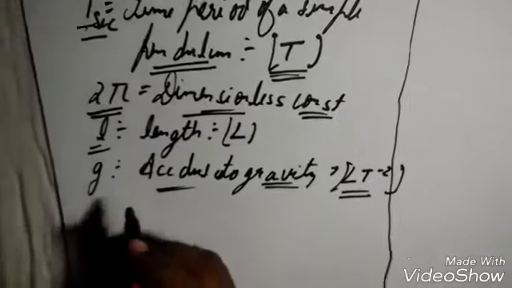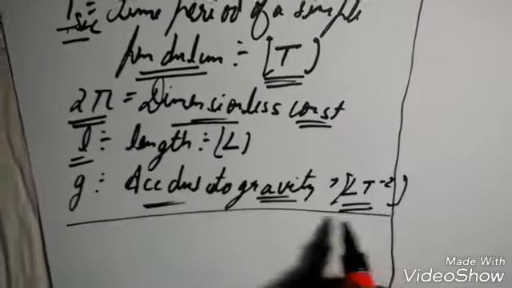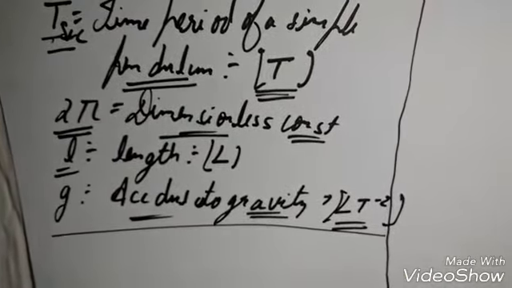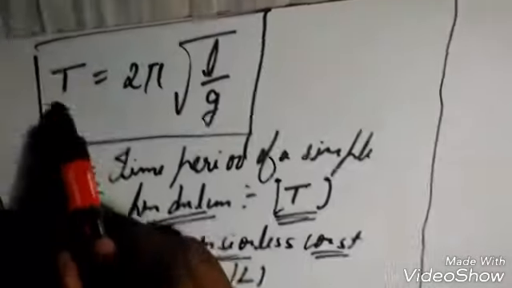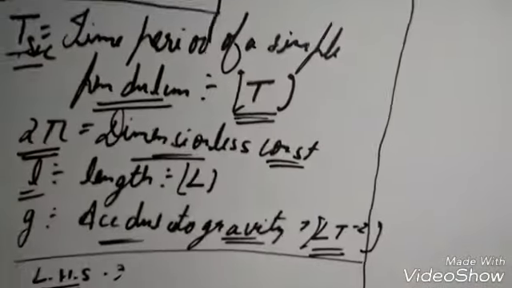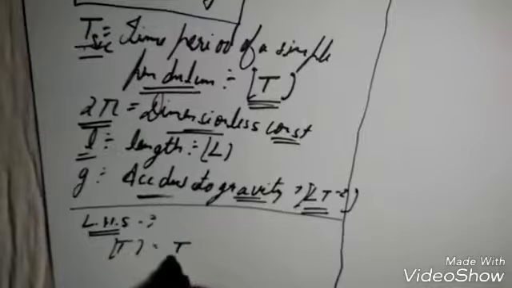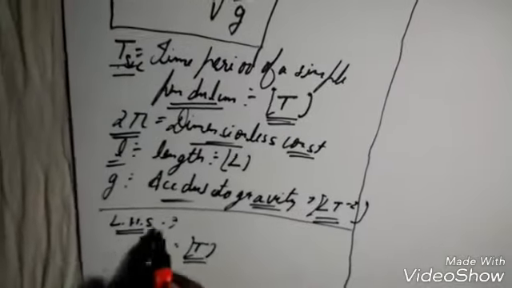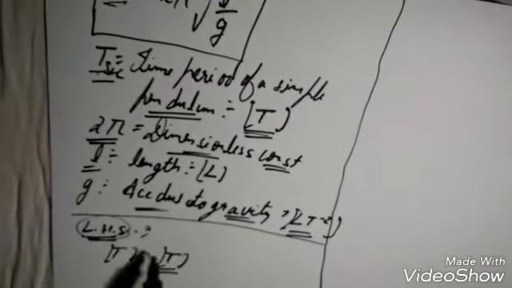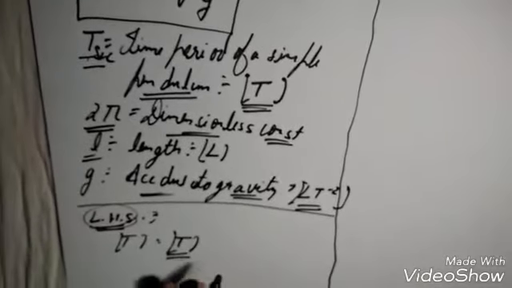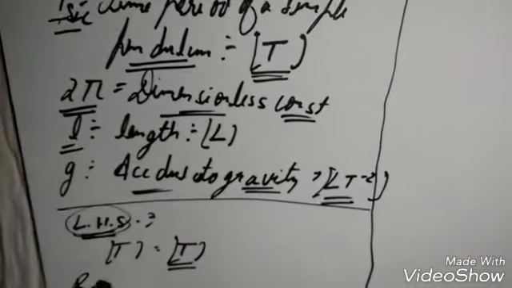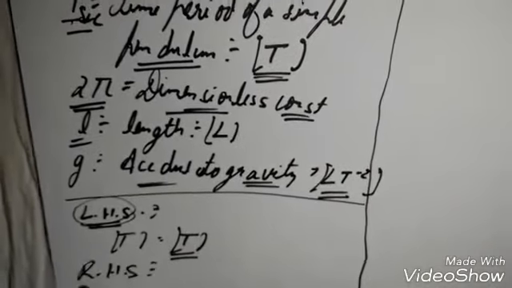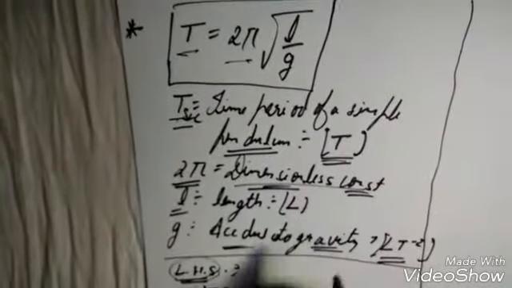Okay, let's proceed to check the accuracy of the formula. Initially, let's check the dimensions of the left hand side of the formula. In the left hand side, only t is available and it has a dimension formula of capital T. Therefore, the dimensions of the left hand side of the formula is capital T. In the right hand side, the first term is 2 pi, a dimensionless constant.